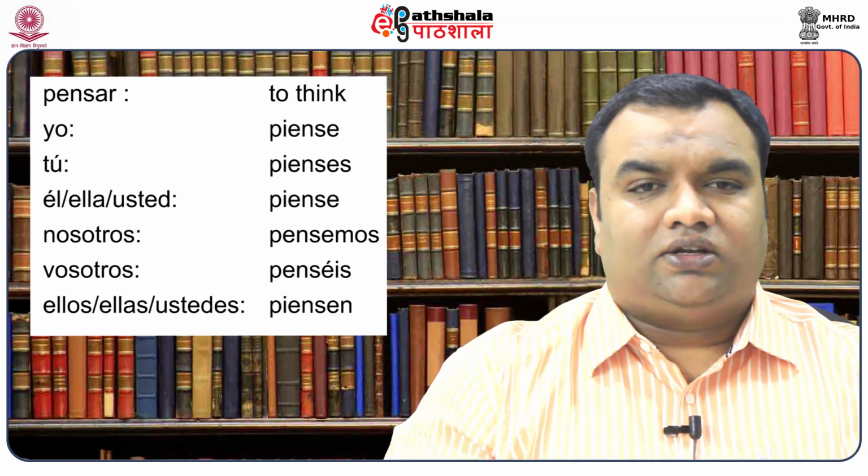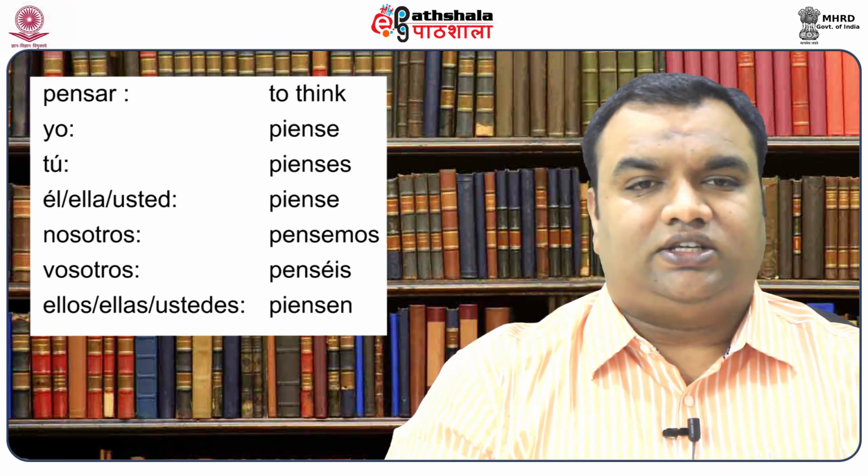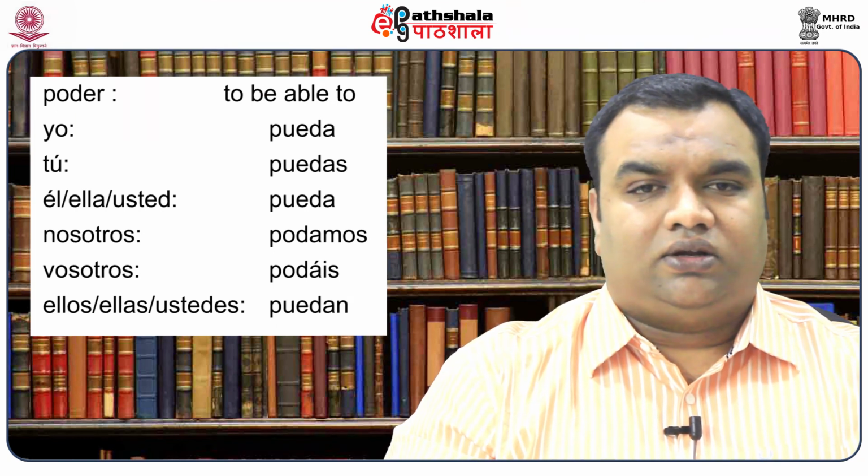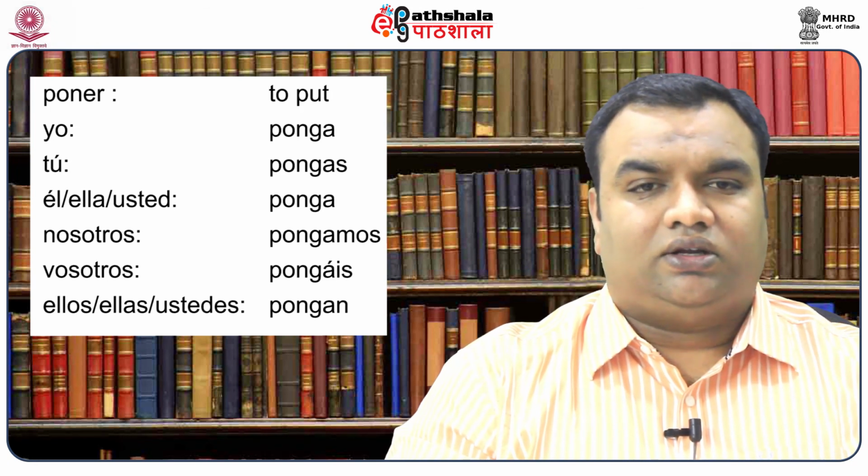The verb pensar means to think and is conjugated like piense, pienses, piense, pensemos, penséis, piensen. The verb poder, which means to be able to, is conjugated as pueda, puedas, pueda, podamos, podáis, puedan. The verb poner is conjugated like this: ponga, pongas, ponga, pongamos, pongáis, pongan.